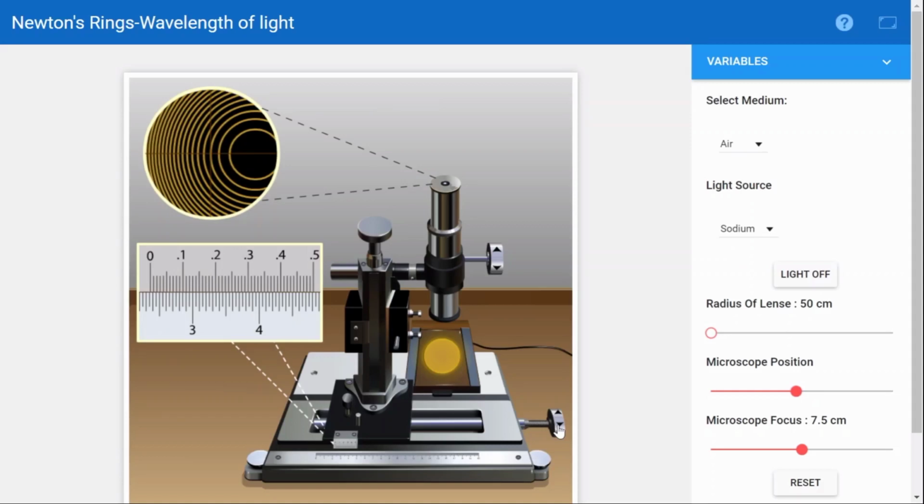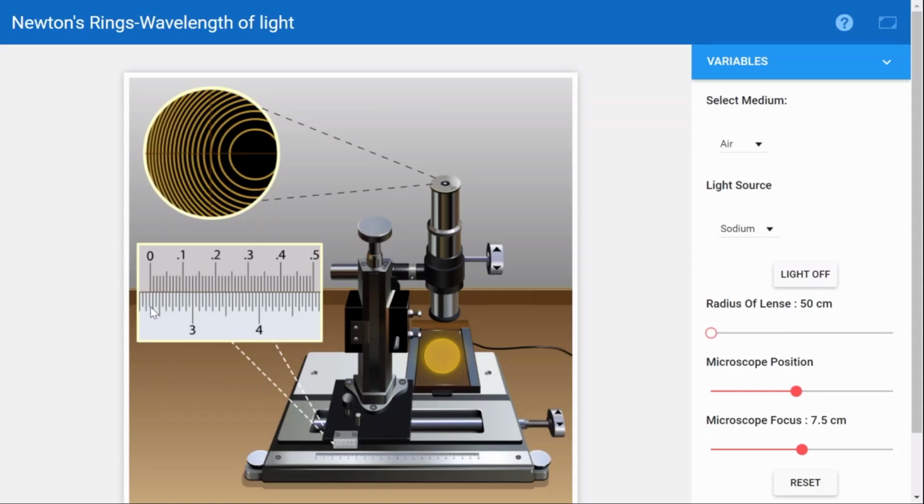I am at the left hand side of the third ring. Now I will measure it. What will be the reading at the left hand side? If you observe carefully, this is my 2.5, this is my 2.4, this is my 2.3. In between, this is my 2.35, right?